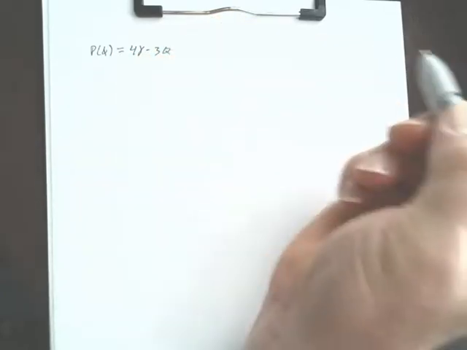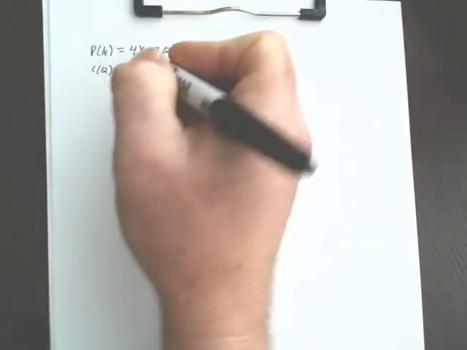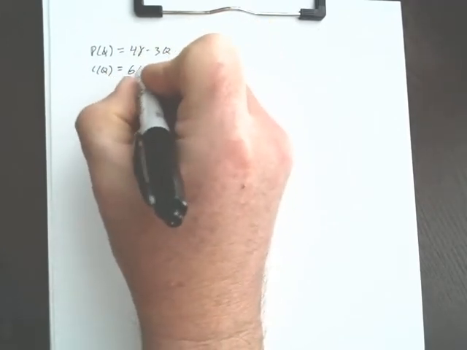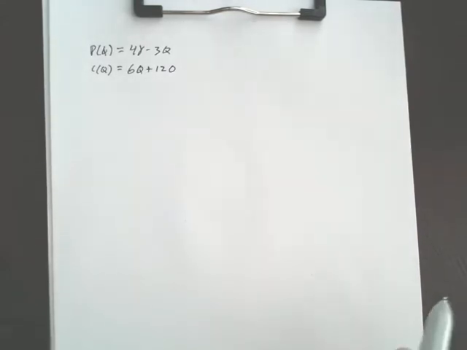And let's say we have a cost function, C of Q equals 6Q plus 120. What does this profit function look like, and how can we find the Q at which maximum profit occurs, and what is the profit at the profit maximizing quantity?